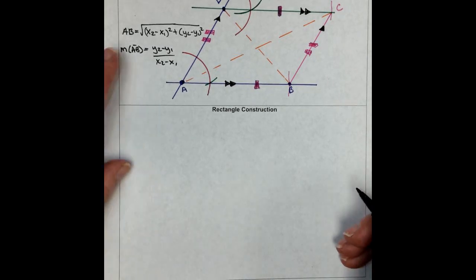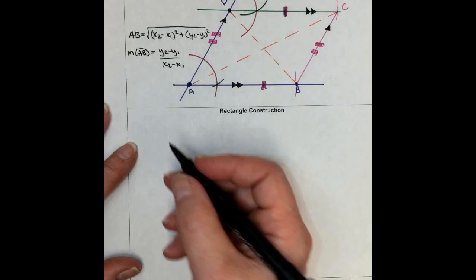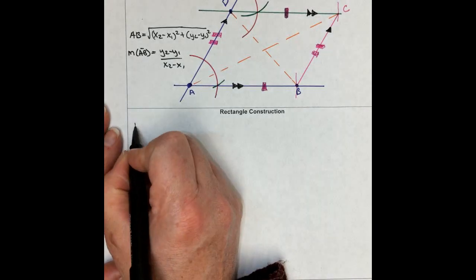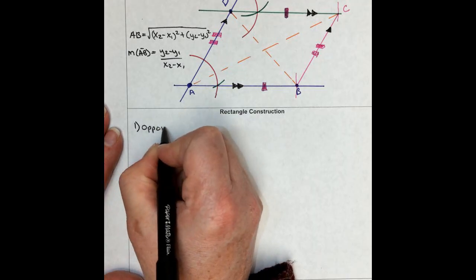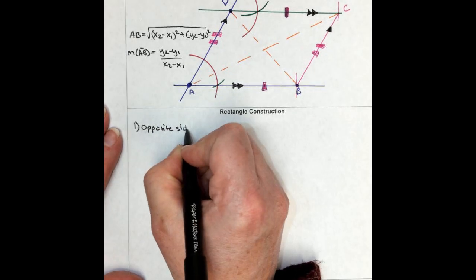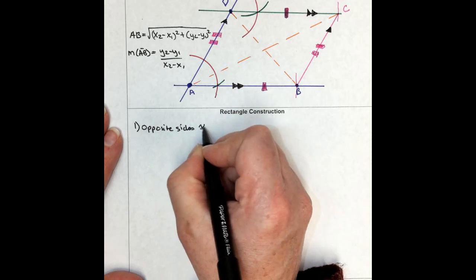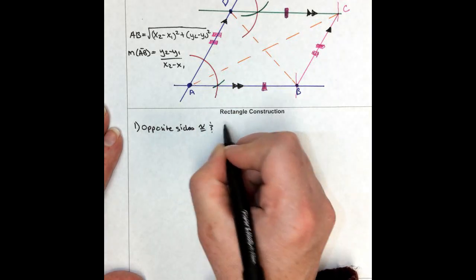All right. So our second construction of the day is going to be a rectangle. If we remember the rules of a rectangle, our first one is opposite sides are congruent and parallel.